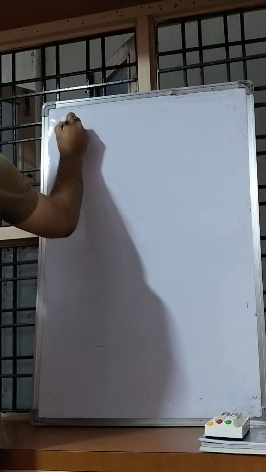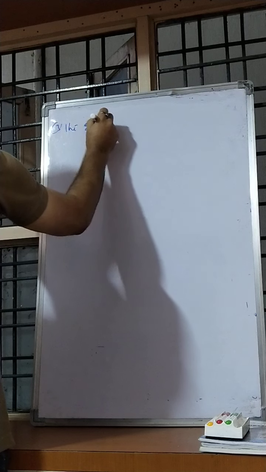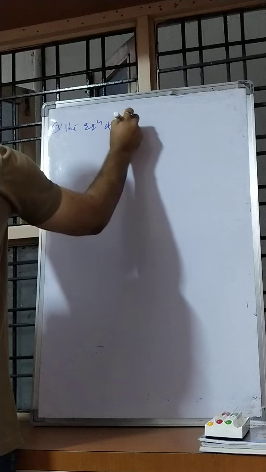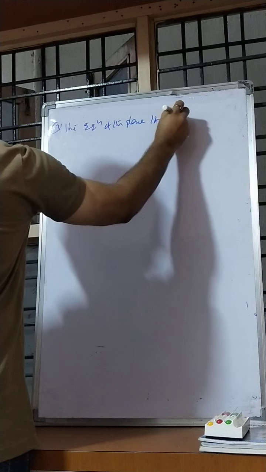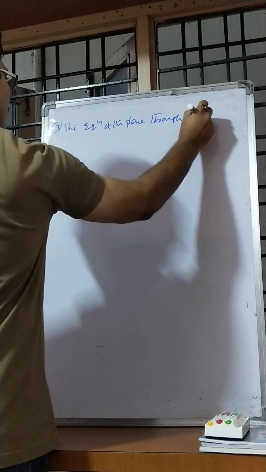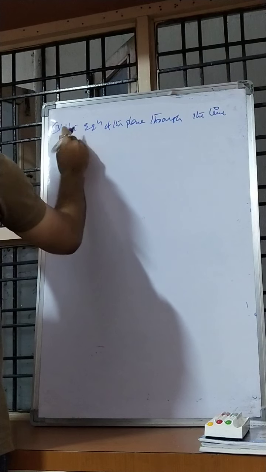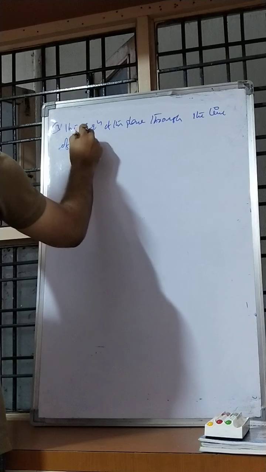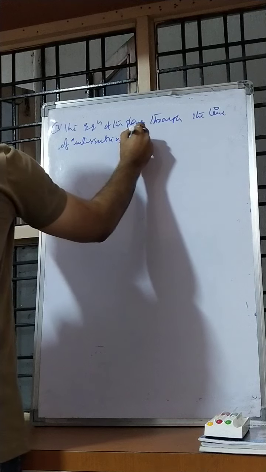Okay, you see here, the next one, the third one, is the equation of the plane through the line of intersection of the planes.